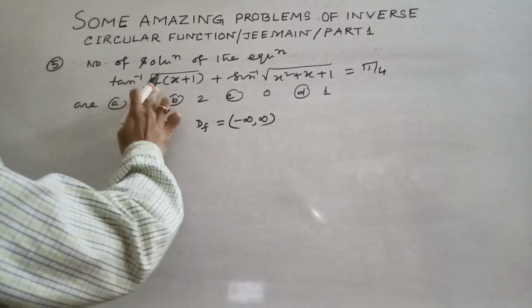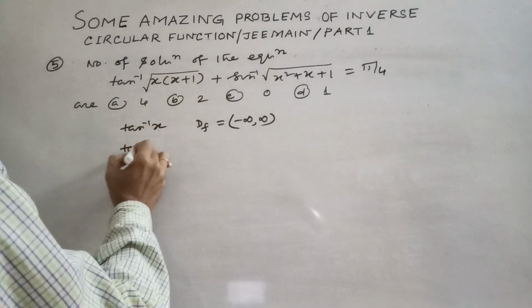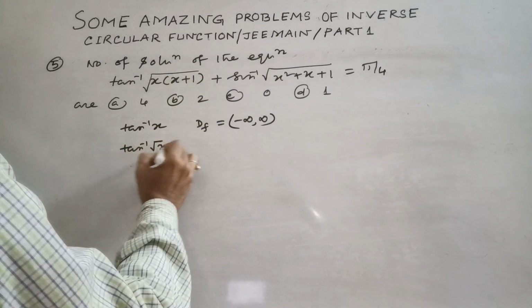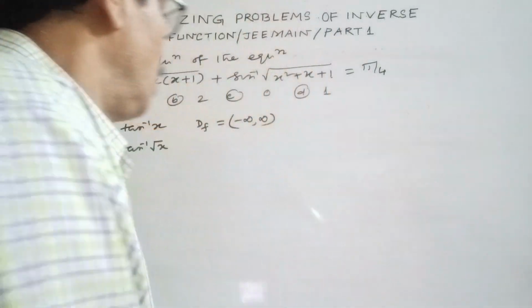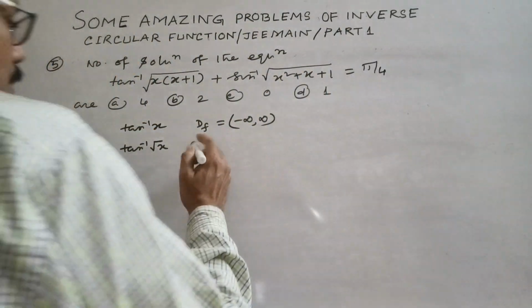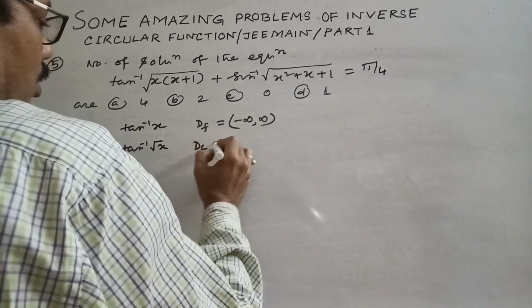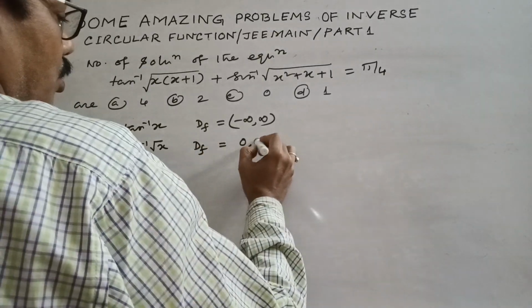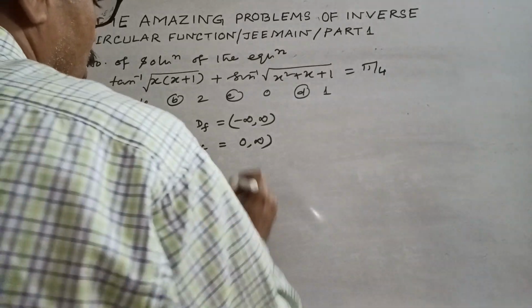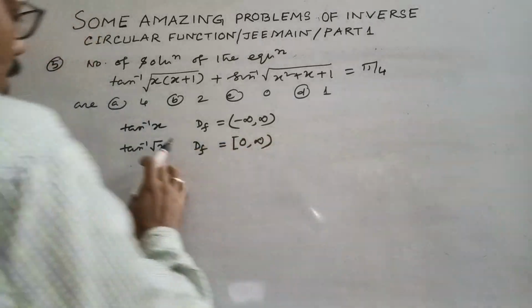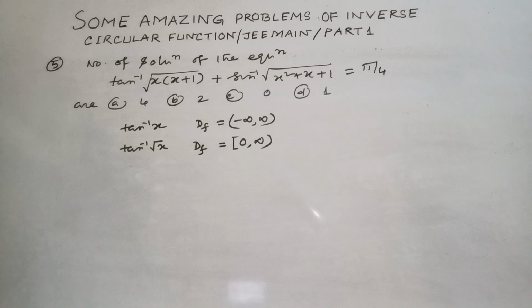But look, the argument is given within a root sign. So if it is given within a root sign, the negative part is cancelled out. So Df is 0 to infinity. We can take 0 also.